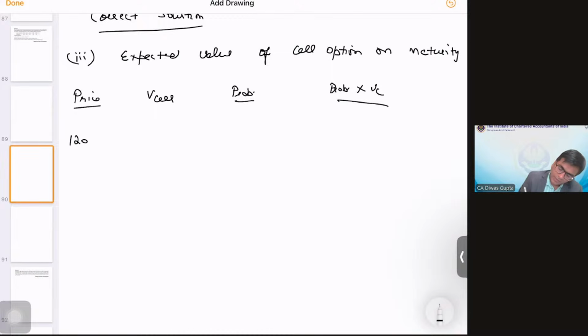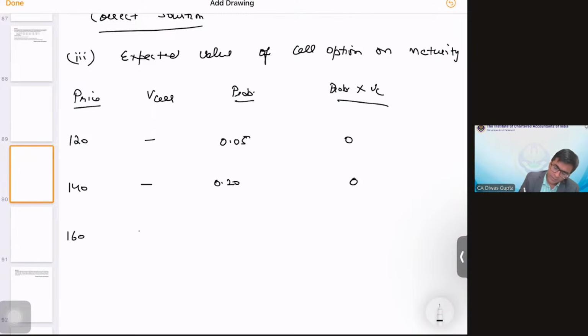At 120, the value of call option will be 0 because the strike price is 150, there is no value here, so probability becomes 5%, but still it will be 0, right? The second price was 140, still the value of call option will be 0. At 20%, the probability into value of call option becomes 0.